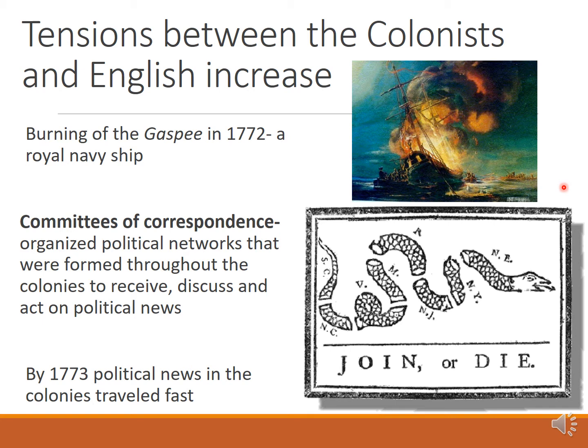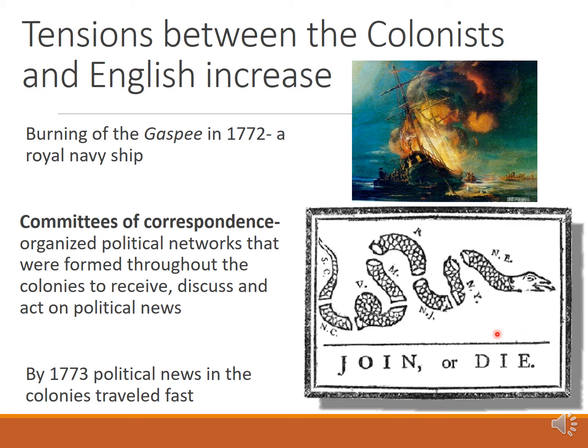And you start to get this Join or Die symbol being resurrected by the American colonists. It was originally created for the French and Indian War. What you see here is a snake that represents the various colonies: New England represented as one colony, New York, New Jersey, Pennsylvania, Maryland, Virginia, North Carolina, and South Carolina.